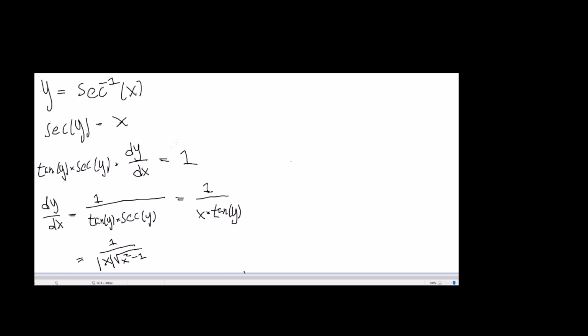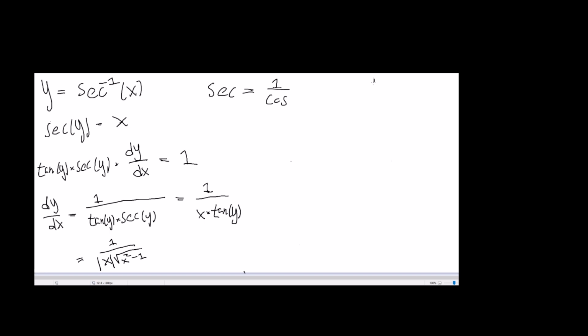Well, remember that secant of y, or secant, is the same thing as 1 over cosine, and the inverse of secant is of course just equivalent to some angle.